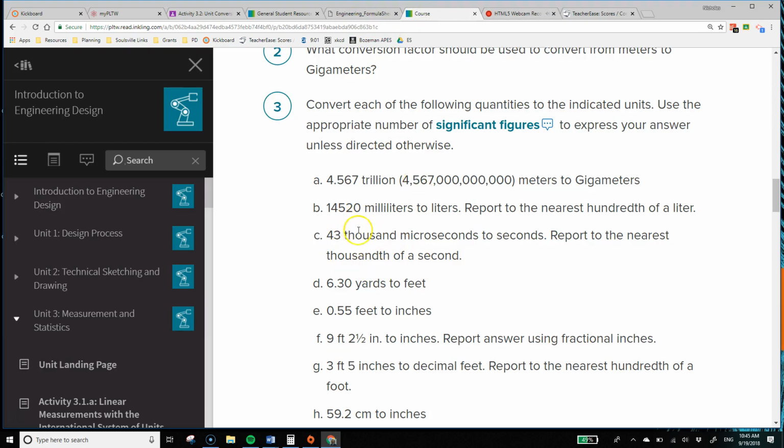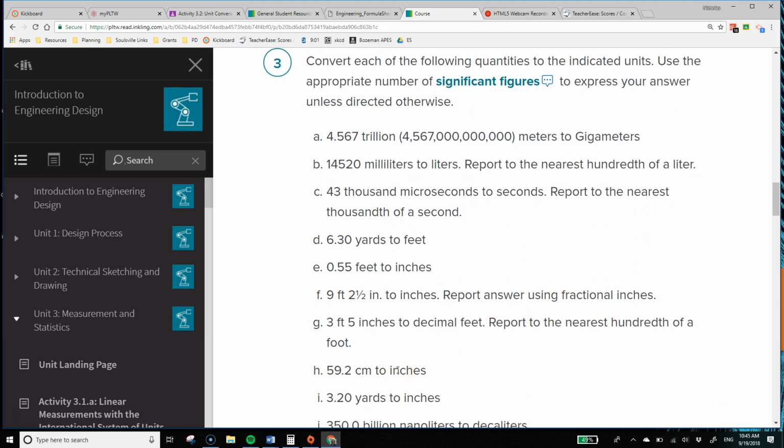So E said 0.55. Oh, I'm sorry. Is this a question about C? Microseconds. Yes, microseconds. All right.